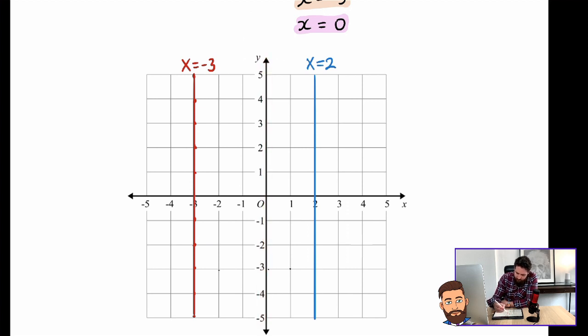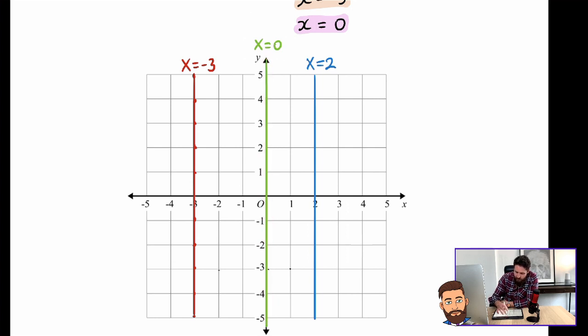And what you can see is this will be a line that actually maps on top of the y-axis. So the line x equals 0, again, for every y value, x would be 0, so it would be 0, 0, 0, 0 for all y values. So you can see it's a line that goes through the x-axis at 0.